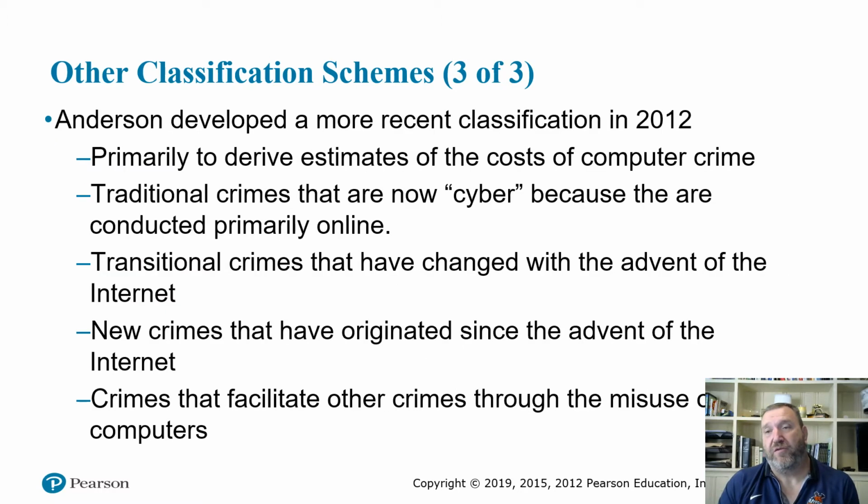Anderson developed a more recent classification in 2012, and basically he says it's primary to derive estimates of costs, traditional crimes that are now cyber because they are conducted primarily online. But online is a strange term, because online means network, and we had networks before.